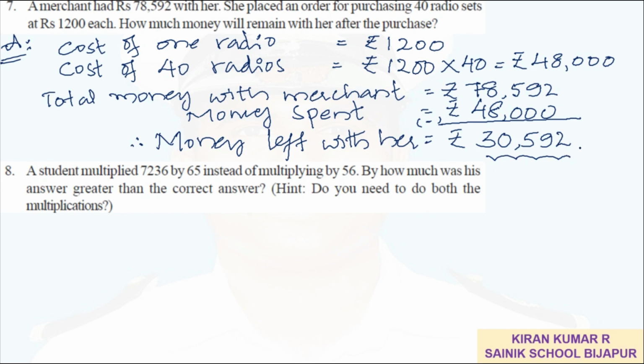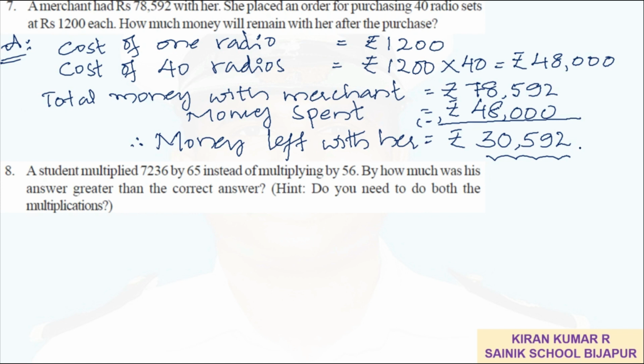Look at question 8. A student multiplied 7,236 by 65 instead of multiplying by 56. By how much was his answer greater than the correct answer? They have given a hint also. Do you need to do both multiplications?